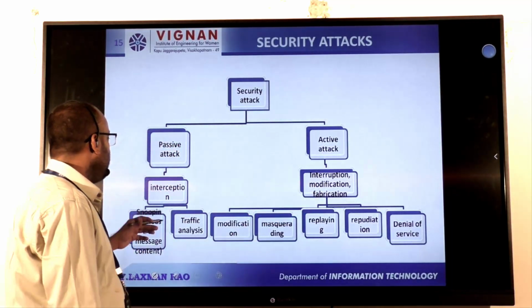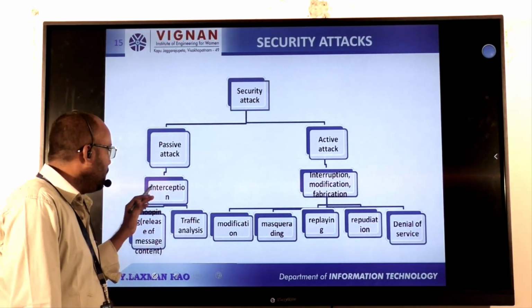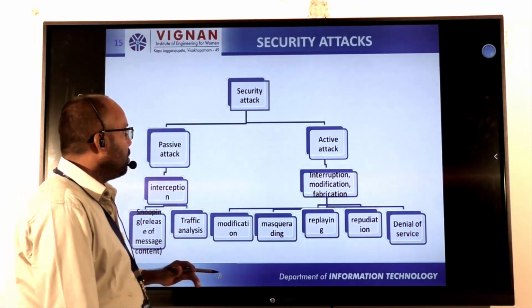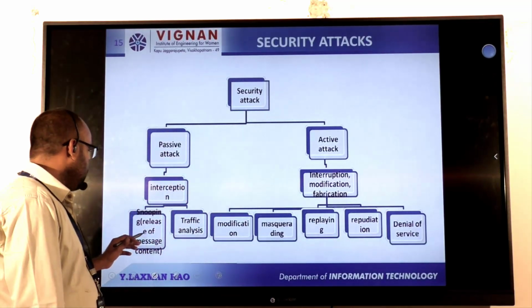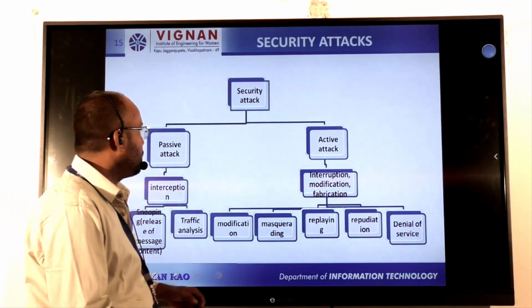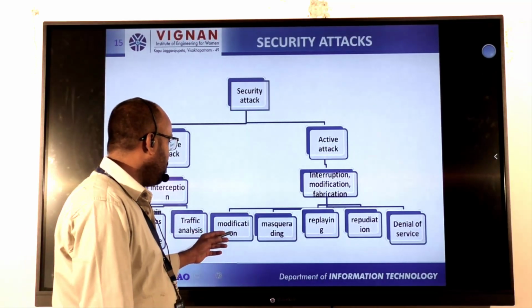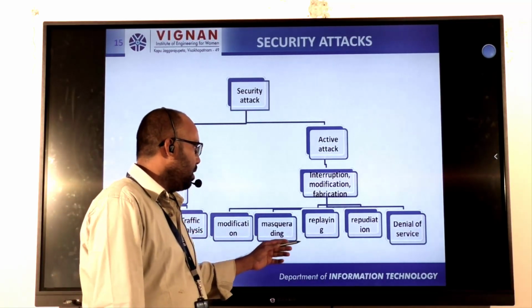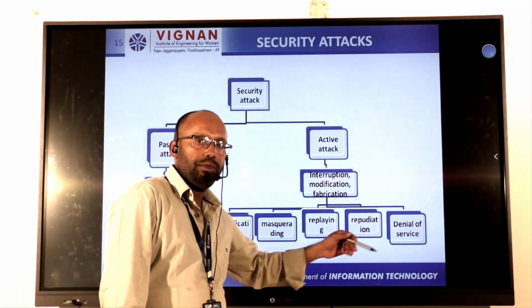In the case of passive attacks, there is only interception. So passive attacks have two types: release of message content and traffic analysis. Active attacks are classified into modification, masquerading, replaying, repudiation, and DOS, denial of service attacks.